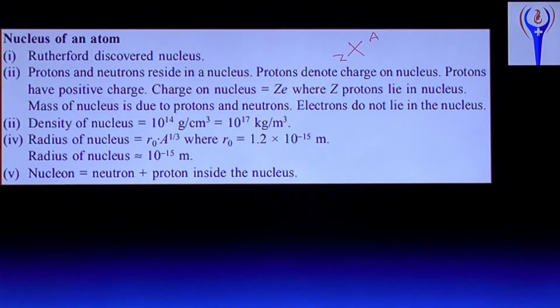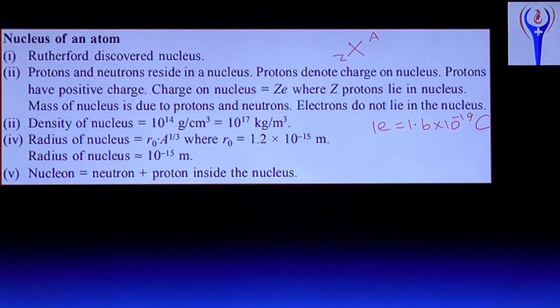What is e? e is the magnitude of the charge, that is, the charge of the electron, minus 1.6 into 10 power minus 19. So e, the magnitude of charge, equals 1.6 into 10 power minus 19 coulomb. And the charge on the nucleus is Z into e. For example, hydrogen has atomic number 1, so 1 into e.